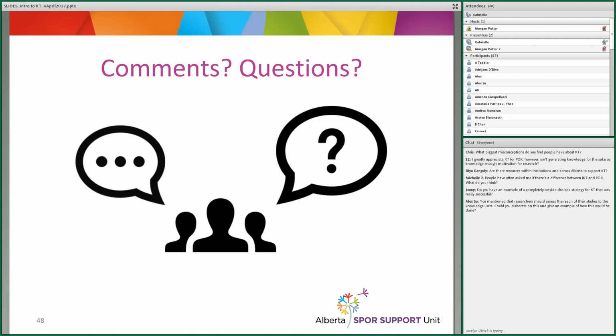One example: I was talking to some researchers who were developing a diagnostic test, and they were working with the clinicians and doing a lot of really good work in the clinic, but I stretched them to think about talking to policymakers.